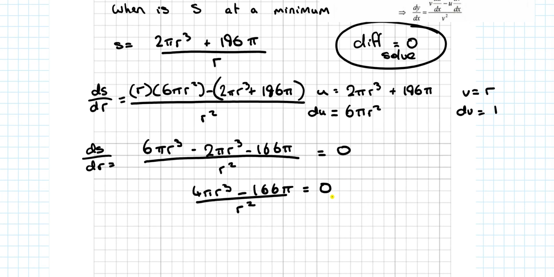Multiply both sides by r squared. 0 by r squared is 0, so I'm getting 4 pi r cubed minus 196 pi is equal to 0. 4 pi r cubed is equal to 196 pi.